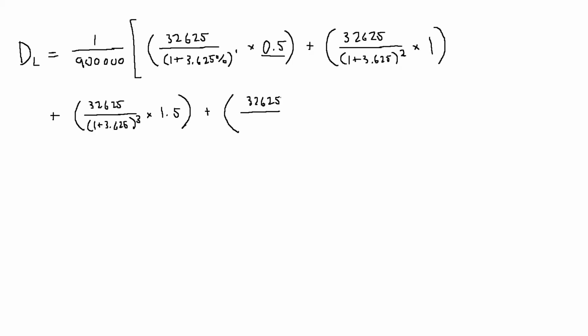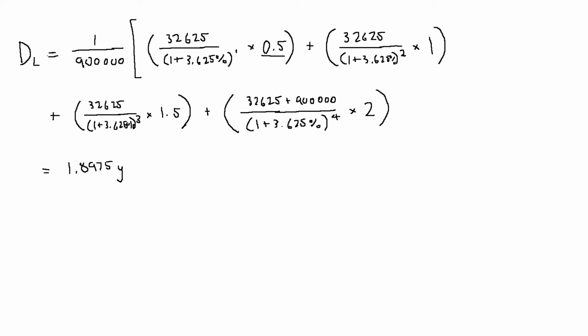We need to remember to add face value onto our coupon payment, so plus $900,000. And we still have 1 plus yield. Whoops, I just realized I forgot the percentages here. My bad. This is to the power of 4 times 2. Okay, and doing this massive calculation, we should get 1.8975 years.